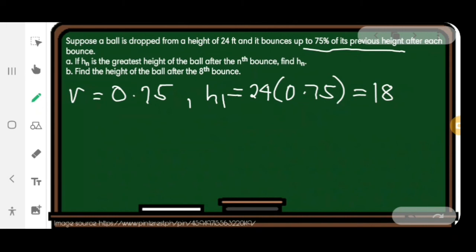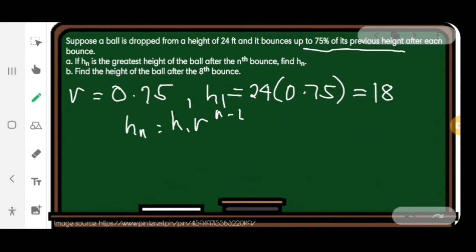Now let us determine h sub n using the formula for the nth term of a geometric sequence. So we have h sub n is equal to h sub 1 times r raised to n minus 1.